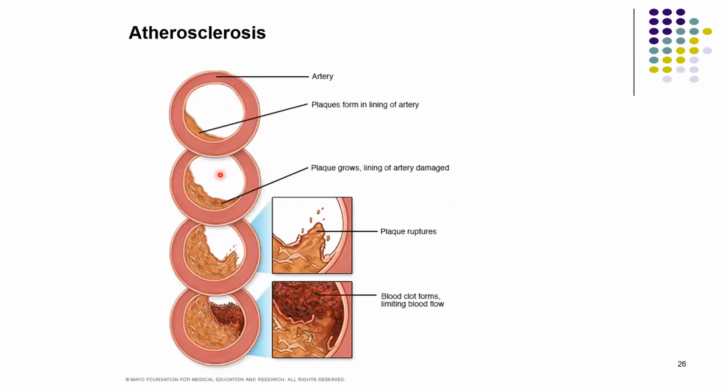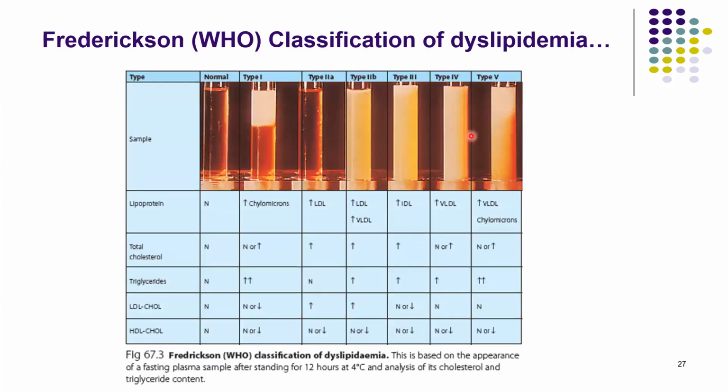So in atherosclerosis there's a rupture of the plaque, forming a blood clot. That's why we give antiplatelets.